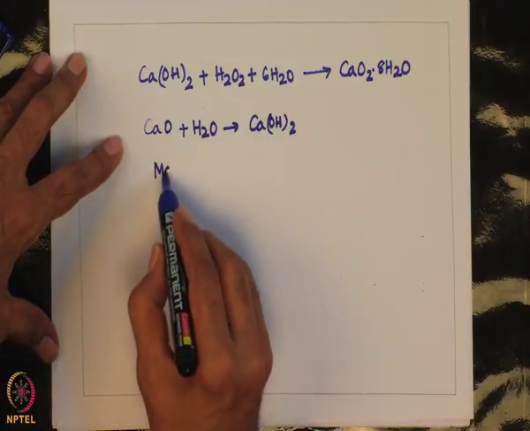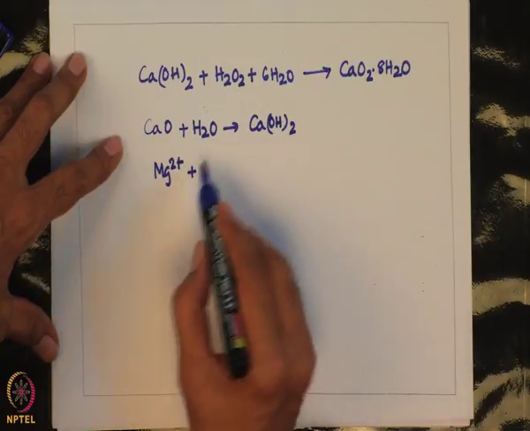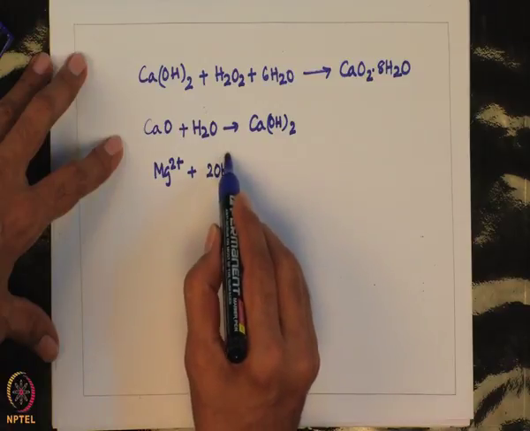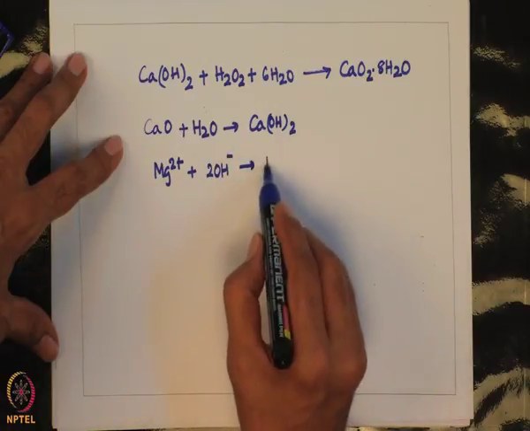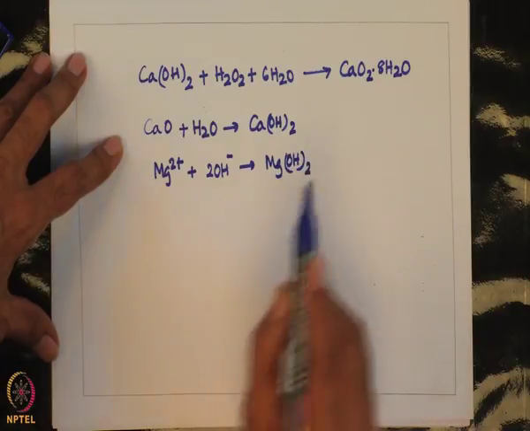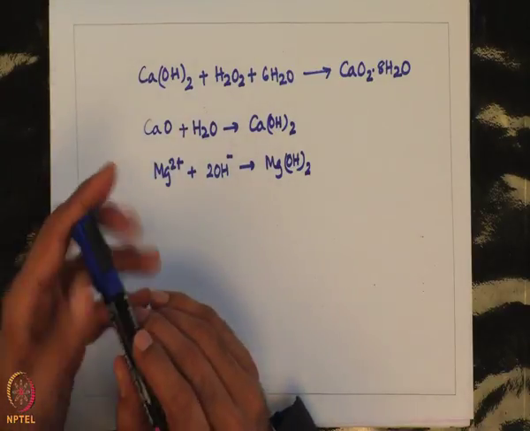And similarly, magnesium 2 plus reacts with hydroxides to form the corresponding magnesium hydroxide. And barium hydroxide is the most stable and most soluble hydroxide among all hydroxides of group 2 elements.